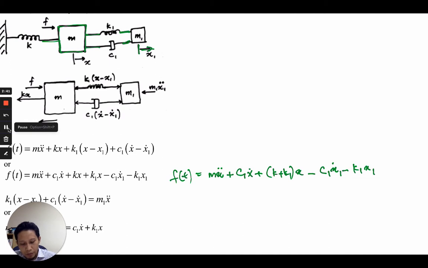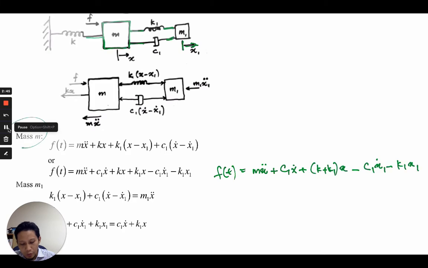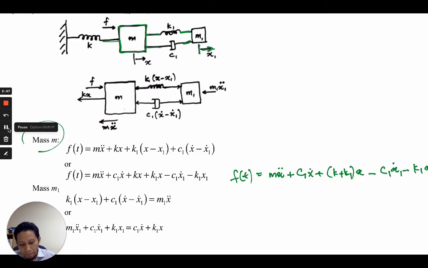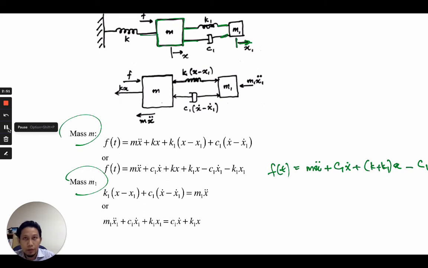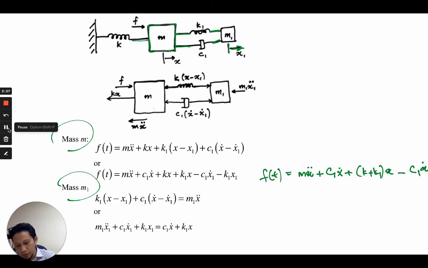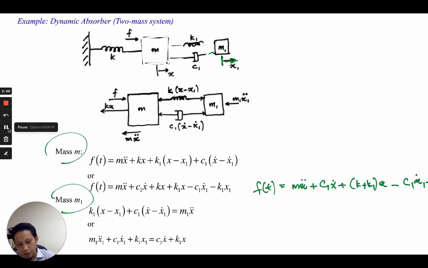So we have finished coming up with the equation for the mass M. Now let's consider mass M1. Let me erase this first.